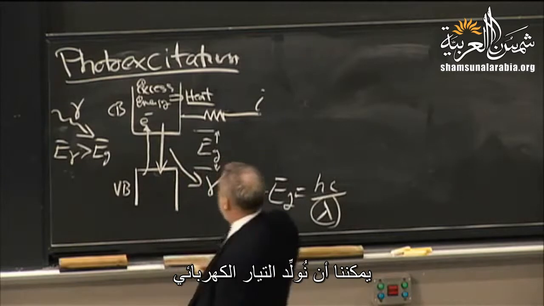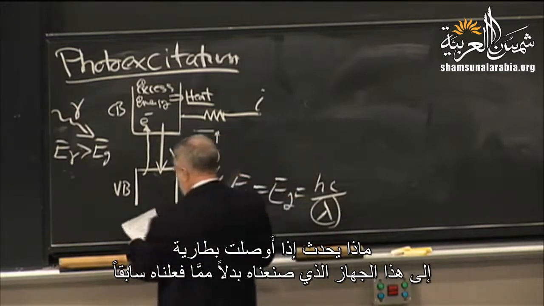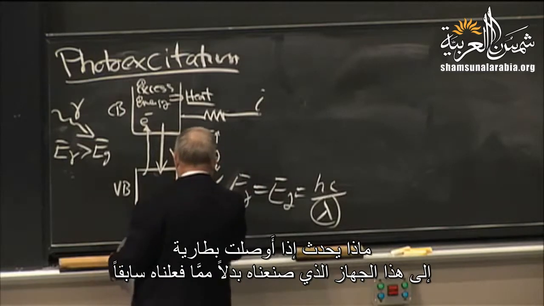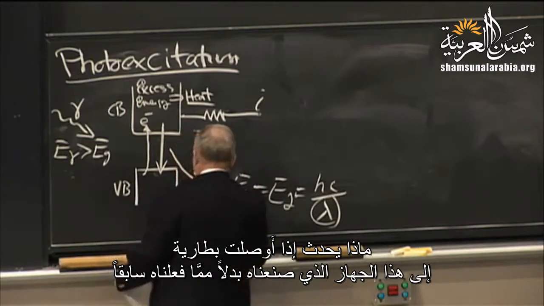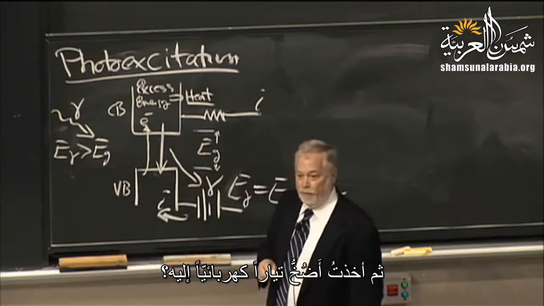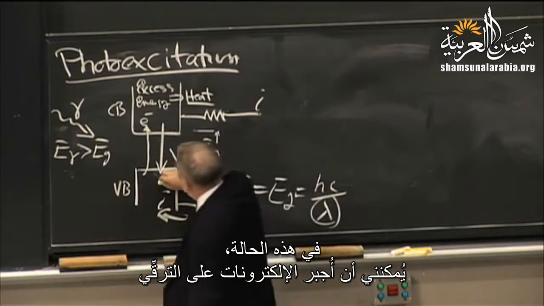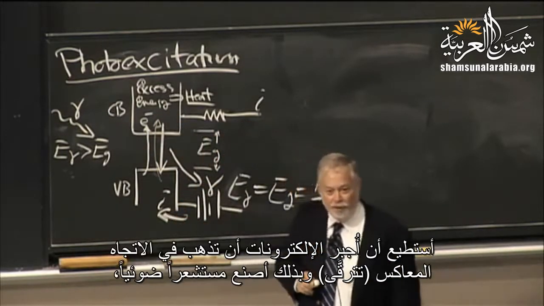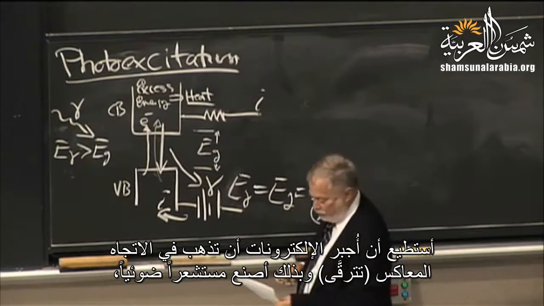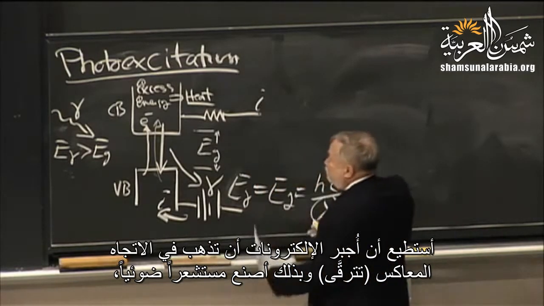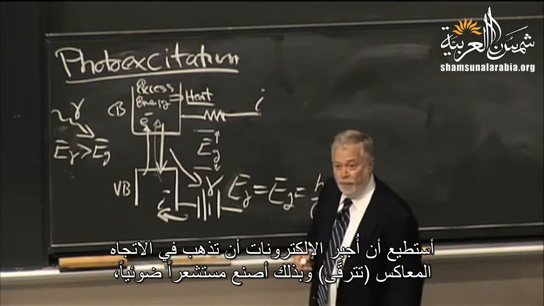We can generate current. What happens if, instead of doing that, I hook up a battery to this thing, and now I pump current in here, right? In that case, I can force the electrons up here, all right? So I can force electrons to go in the reverse, and I could make a photosensor, all right?